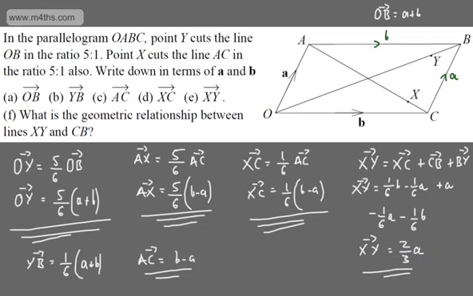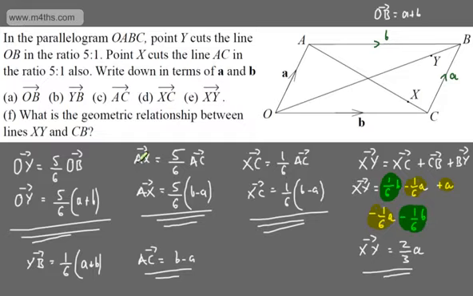If I just show what those terms are, we've got 1/6 B minus 1/6 B, which gives us 0. On the other ones, we've got minus 1/6 A minus 1/6 A, which is 1/3 A, and we've subtracted that from A, which gives us 2/3 A.